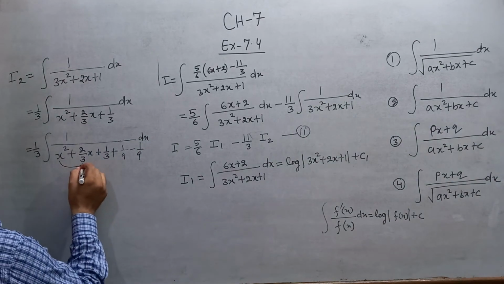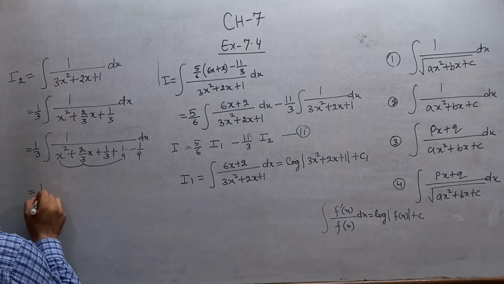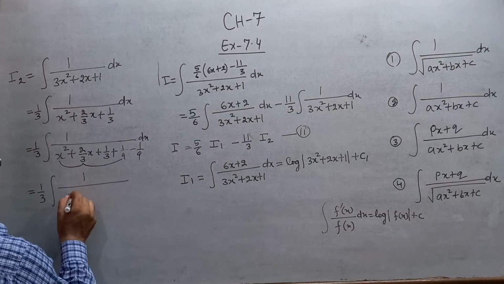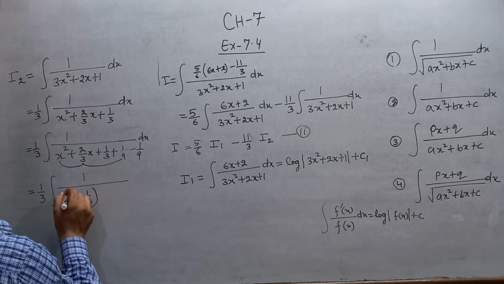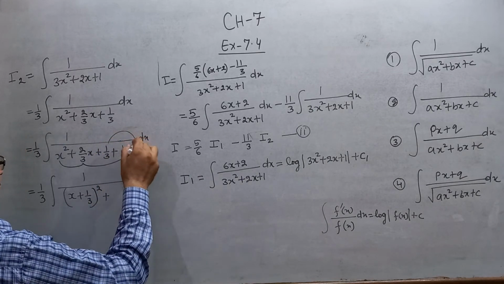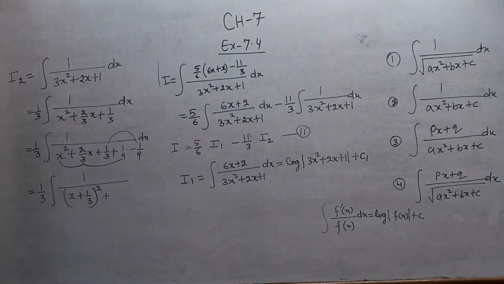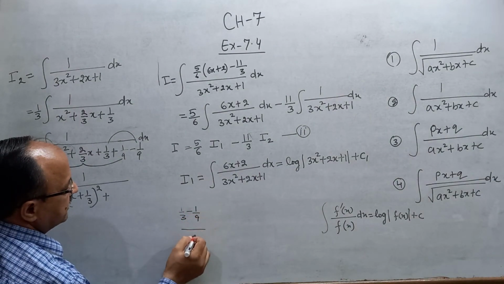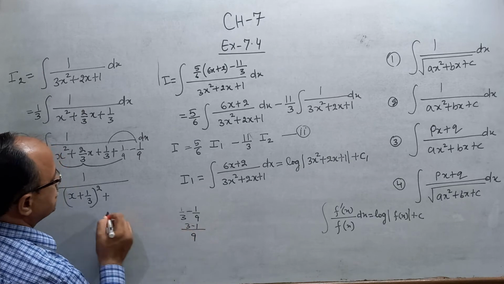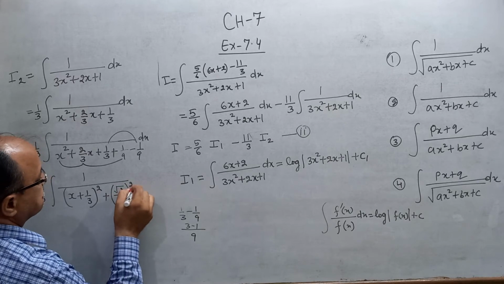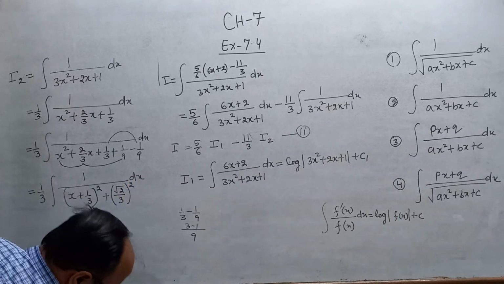And you know that this is the perfect square: x plus 1 by 3 whole square. Now can you tell me 1 by 3 minus 1 by 9? LCM 9, 3 minus 1 is 2, so you can say root 2 by 3 whole square. Correct?